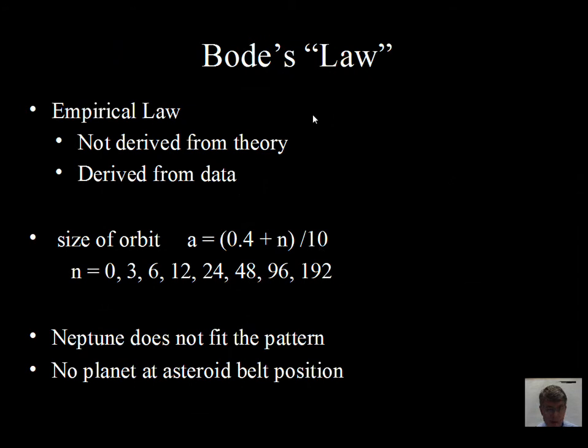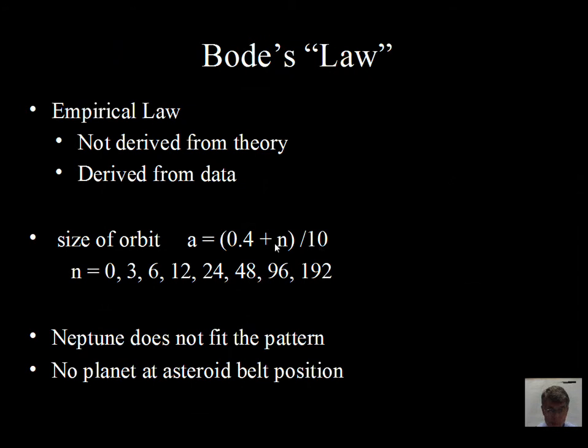If we use n of 6, this should be 1, but not quite. There's a little problem here. This should be a 4 here rather than a 0.4. Sorry about that.